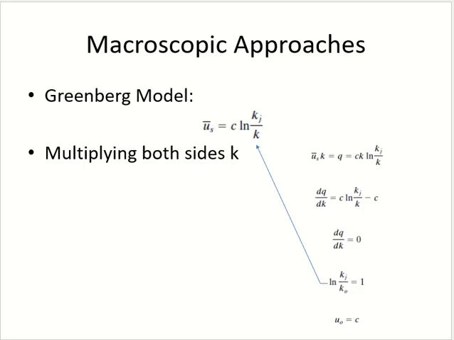So what do we do? We multiply both sides with k, then you take the derivative. When you take the derivative of something which has a log in it, this is what happens. This is the derivative of the natural log.